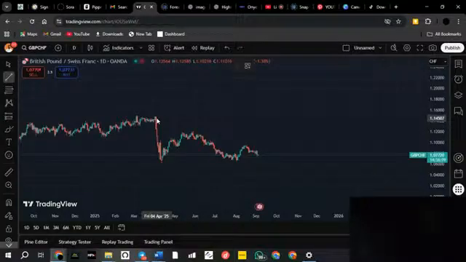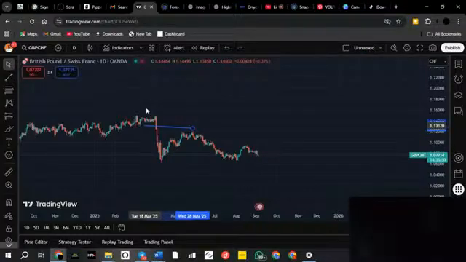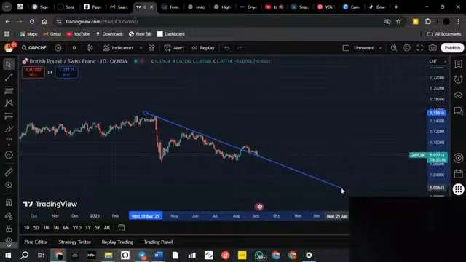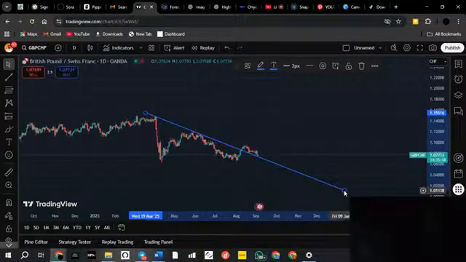When something like that happens, they move with impulse without any form of retracement. But because it is a financial market, it has to correct itself, back to this side before coming down again. If we still want to look at it, we'll say this is a downtrend. But trust me, do not trade this as a downtrend. It was an impulsive movement.